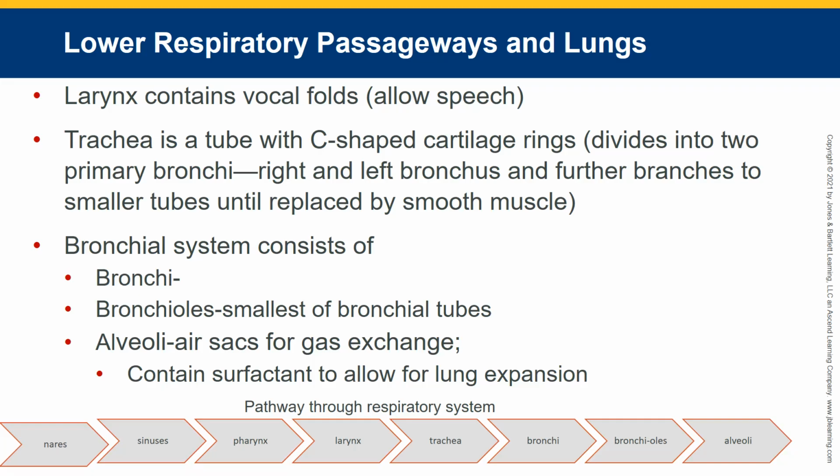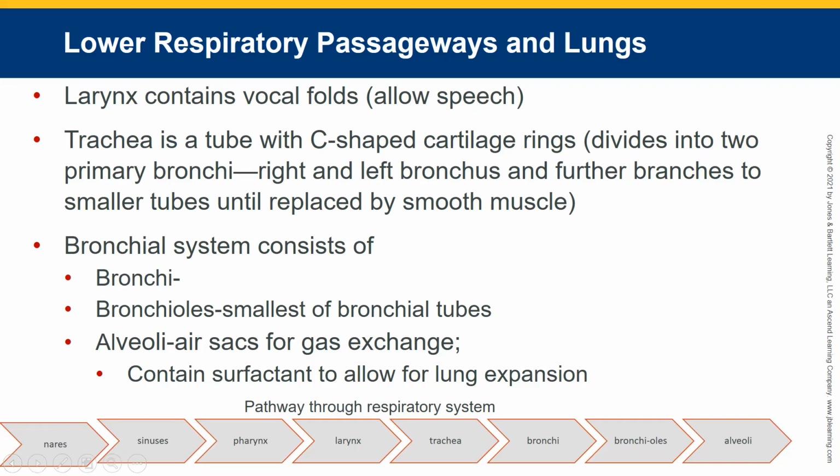And so the pharynx will feed into the trachea, and the trachea is that cartilage kind of tube that eventually, as it gets smaller and smaller and smaller, through the bronchi, left and right bronchus, out to the bronchioles, and then as it gets to the alveolar sacs, it gets replaced by smooth muscle.